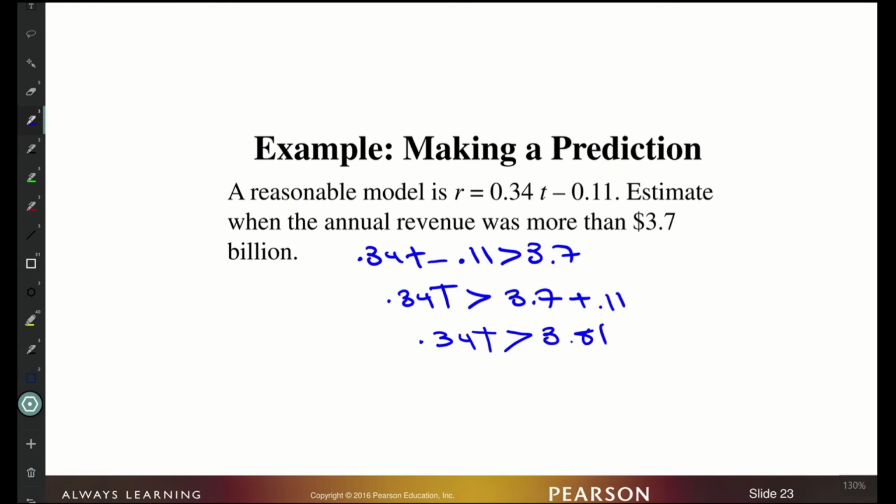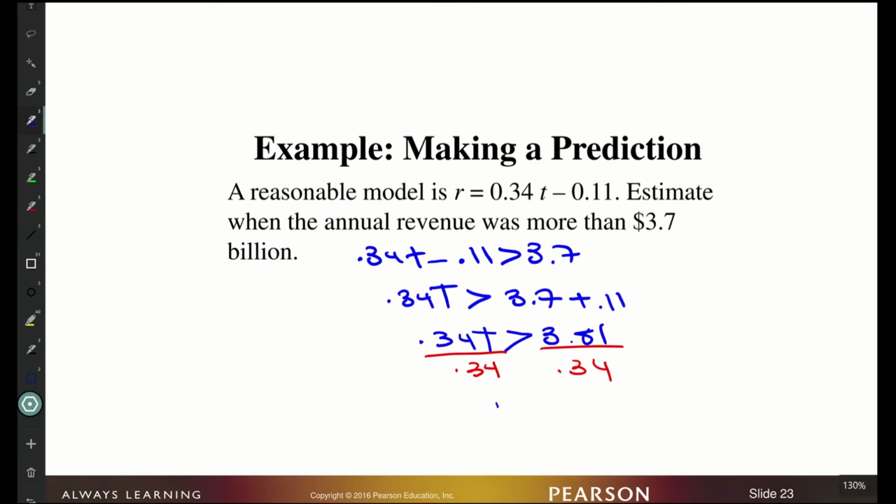Now we divide both sides by 0.34. Given that 0.34 is positive, we don't need to worry about switching directions or anything, and I can go ahead and just do the division right there. If I'm dividing by a negative number, I always do it in a new line so that I can flip the inequality in that new line. But here I'm dividing by a positive number, so I don't need to worry about that.